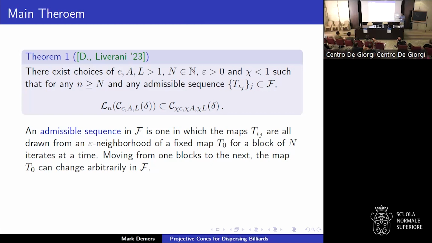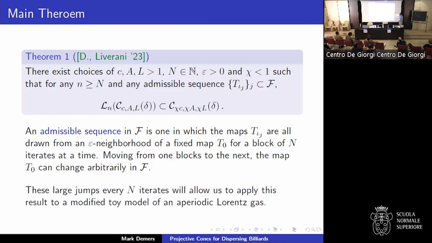So you go n steps to make the L contract, right? Then you can change your maps a lot, but then the next block of n should be drawn from an epsilon neighborhood, and so on. So between blocks, you can change your maps a lot, but in a block, it should stay approximately equal.